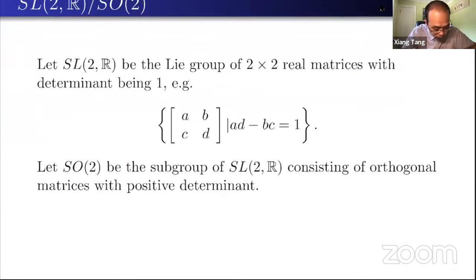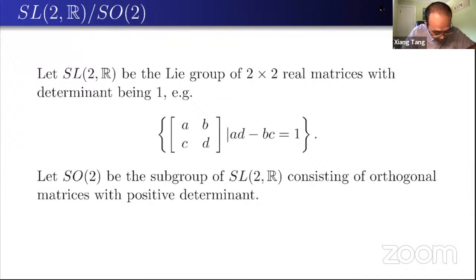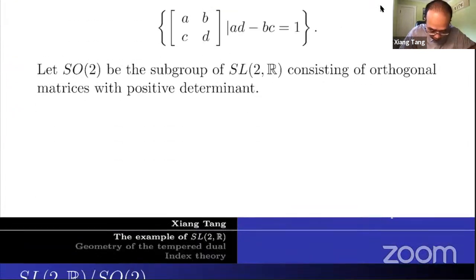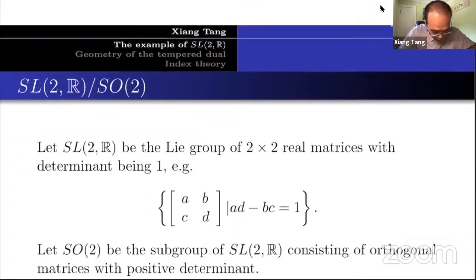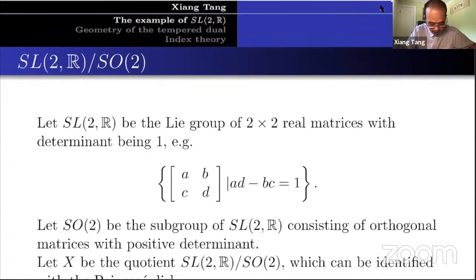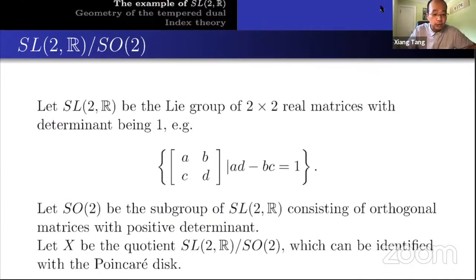Associated to the subgroup of SL2R, we can consider the homogeneous space, the quotient SL2R mod out by SO2. And we know this manifold is non-compact.